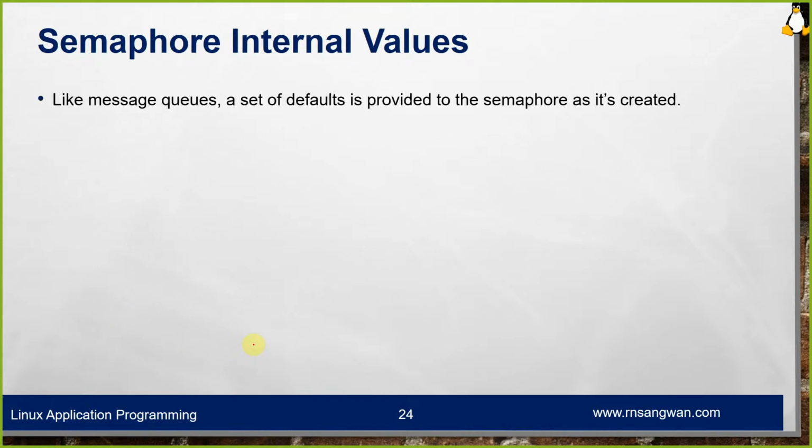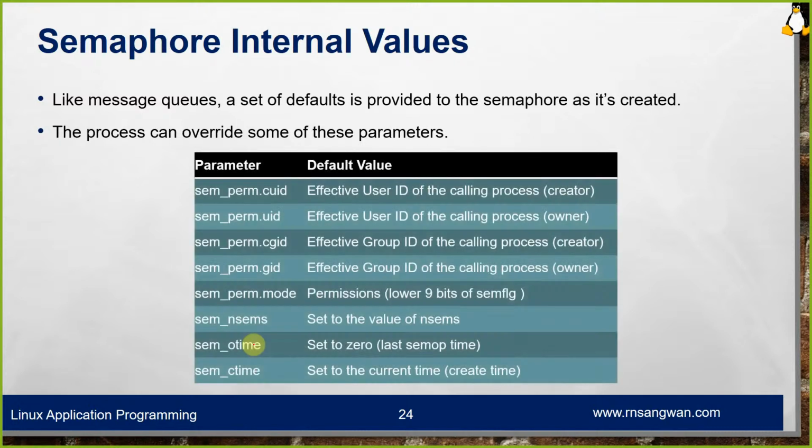Semaphore internal value. Like message queues, a set of defaults is provided to the semaphore as it is created. The process can override some of these parameters, and the same set of parameters, if you notice carefully, only thing is that this word is changed here.